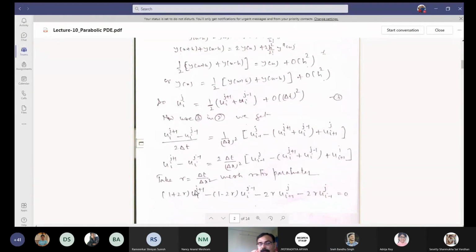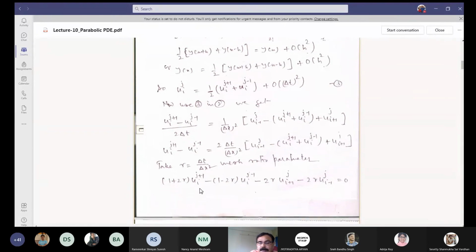Once you start for j equal to 1, it will be u(i,2) in terms of u(i,0), u(i+1,1) and u(i-1,1). So you require the values at j equal to 1 also. This value at j equal to 1 is required. Only then the value at j equal to 2 can be calculated.